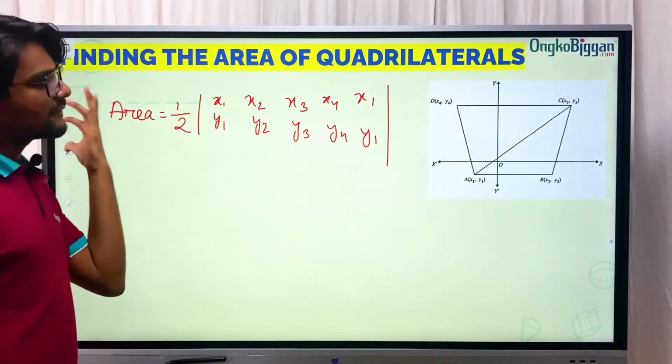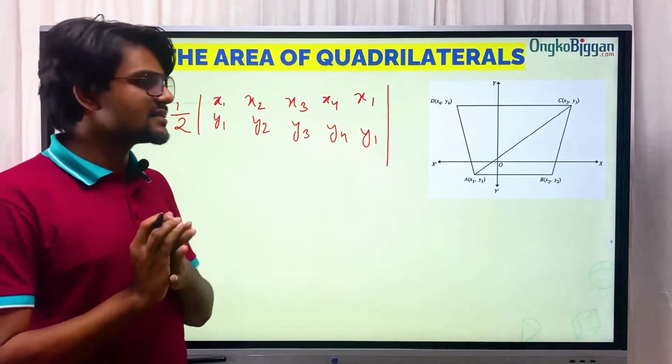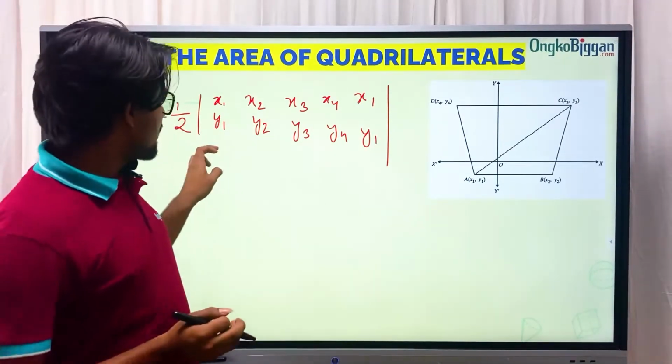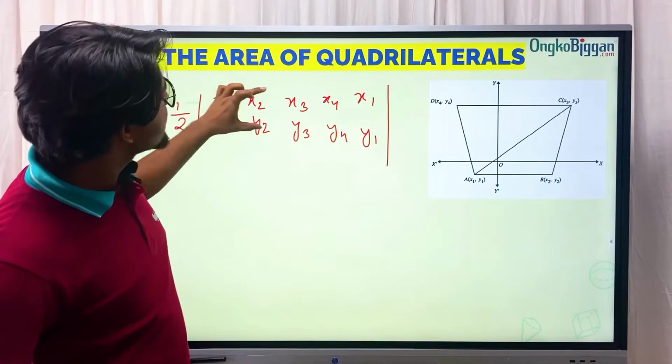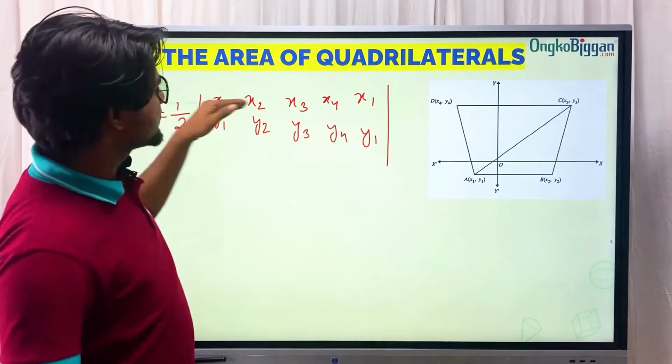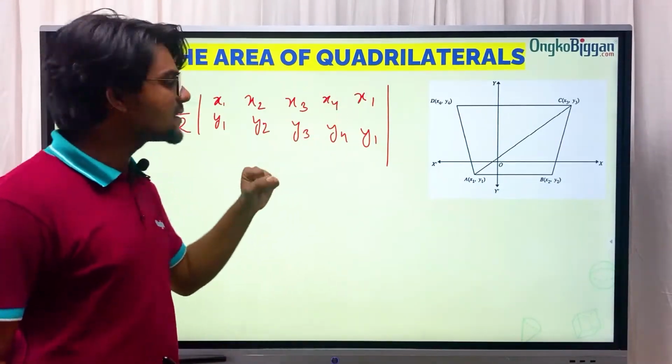So see, if the number of vertices is 4, we have to write 5 such columns. This is row, this is column, so 5 such columns.